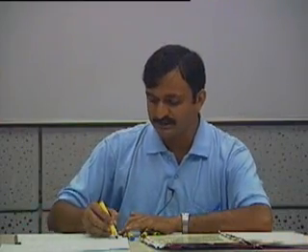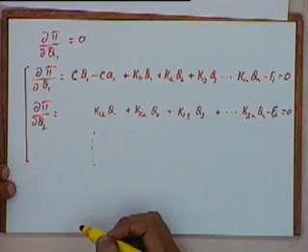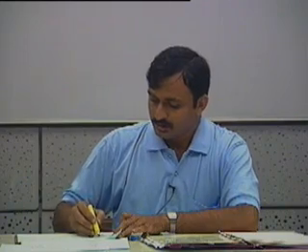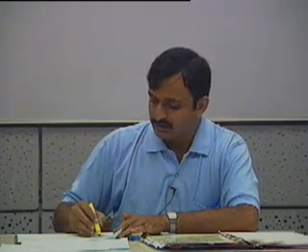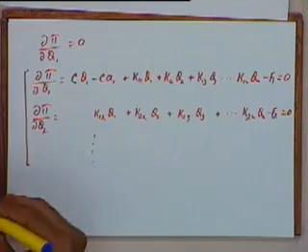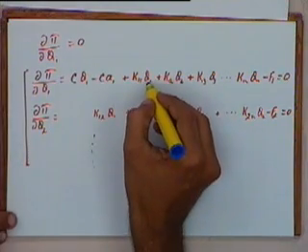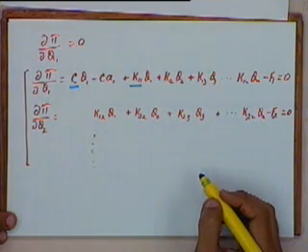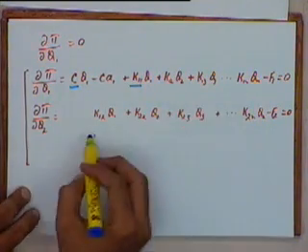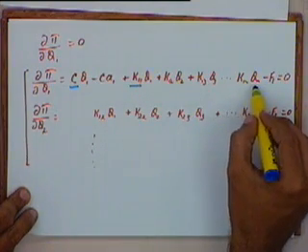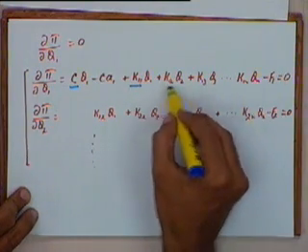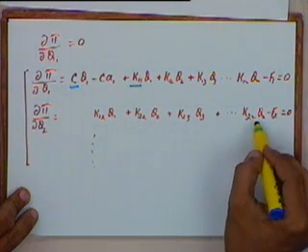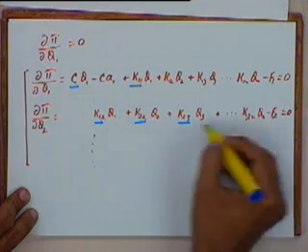So I will now have a system of n equations, and if I write them in matrix form, in the first equation my coefficient of q1 is c plus k11. All the other terms have coefficients which are the same as the stiffness matrix, k12, k13, k1n and so on. Similarly in this equation all the coefficients are k12, k22, k23 and so on.